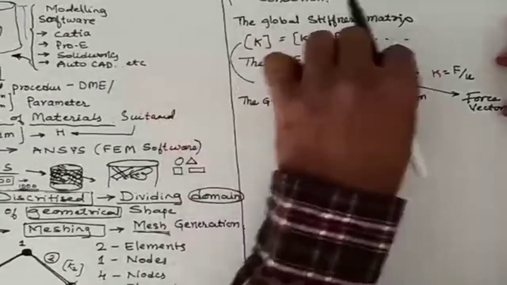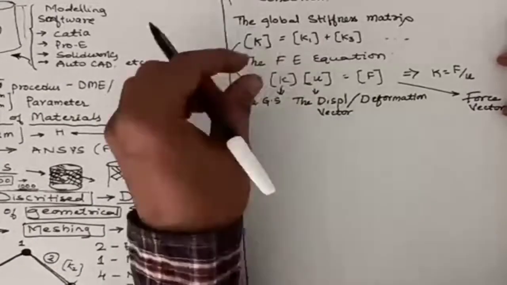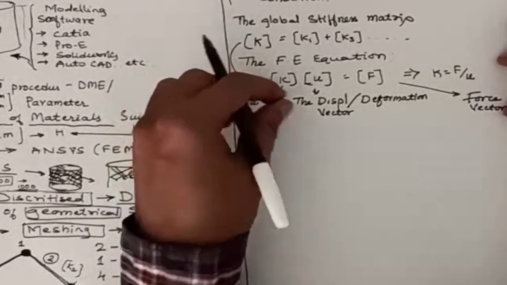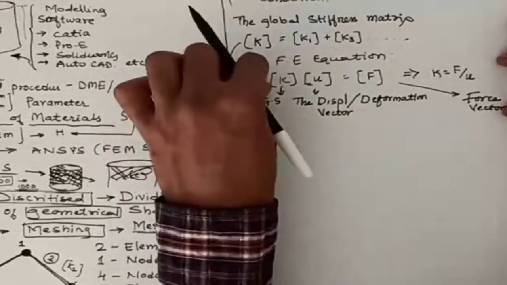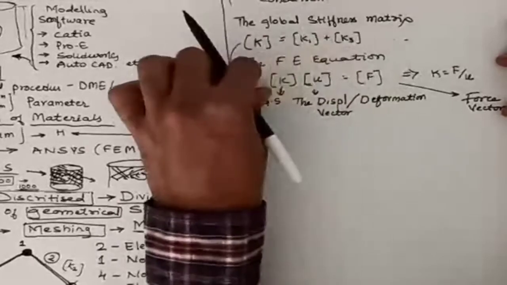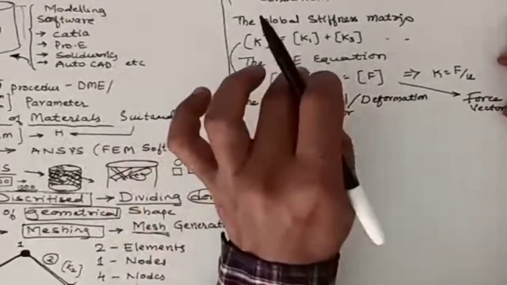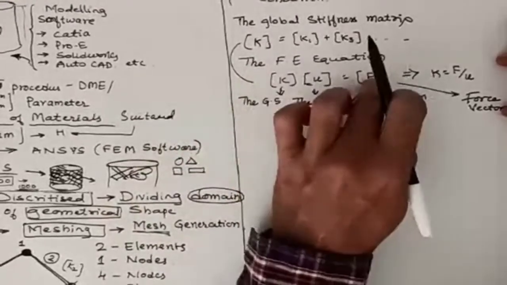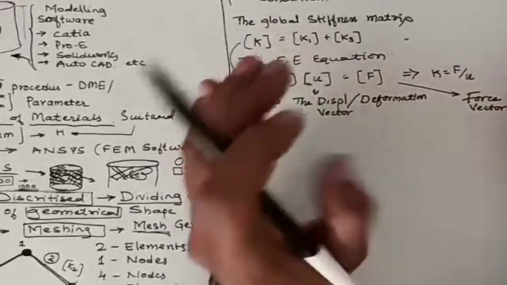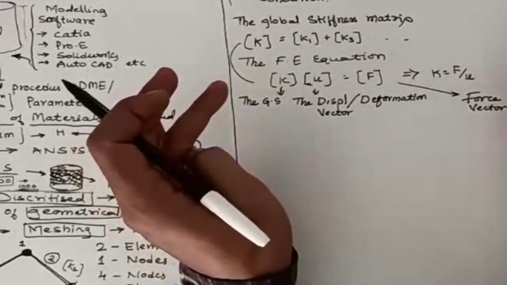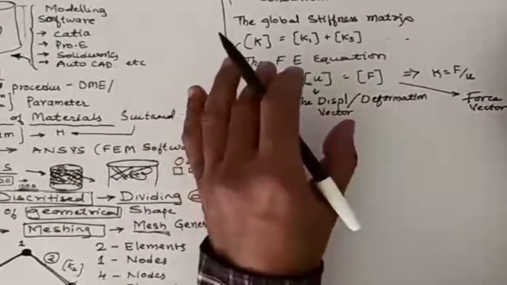This equation can vary depending on the type of element you are using, for one dimensional, two dimensional or three dimensional. The general form will be the same, Ku is equal to F, but K, U and F will be different based on our conditions. It may be loading conditions, material conditions, or geometrical conditions. Considering all these factors, it will change.